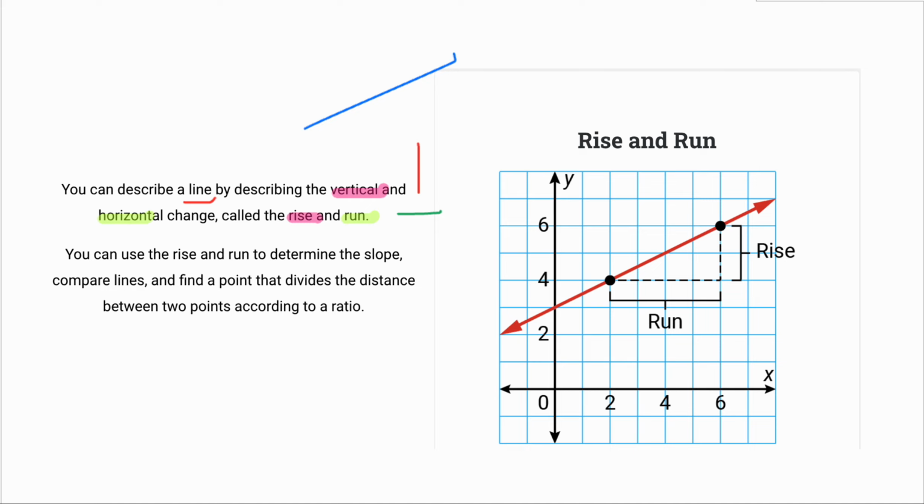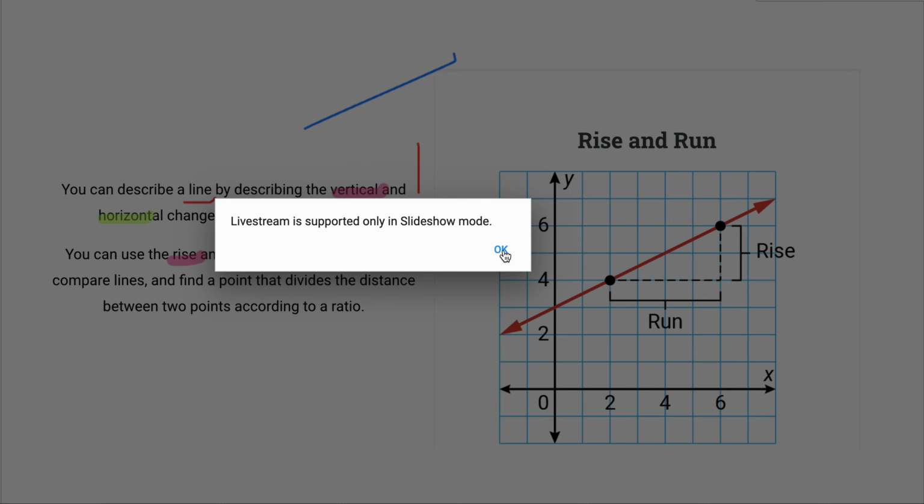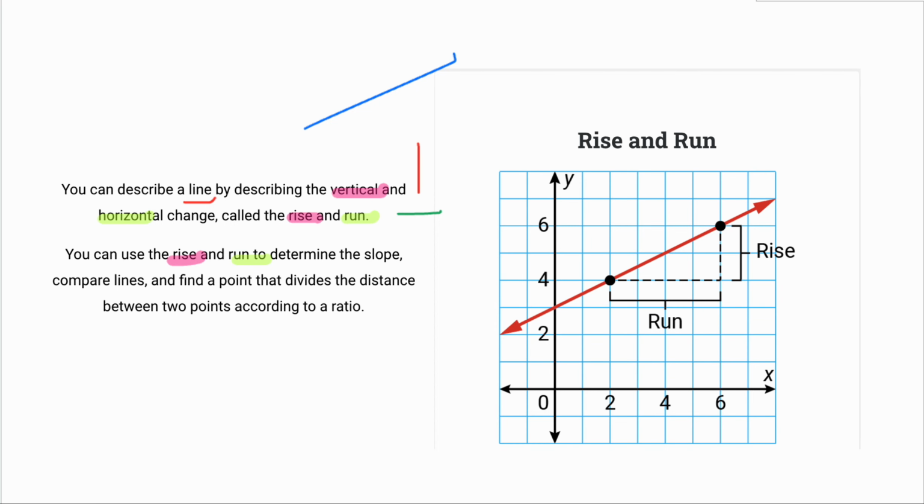And what do we see in the second part of this definition? Okay. Someone said that you can use the rise and the run to do what? To determine the slope. Perfect. So rise and run can be used to determine the slope.